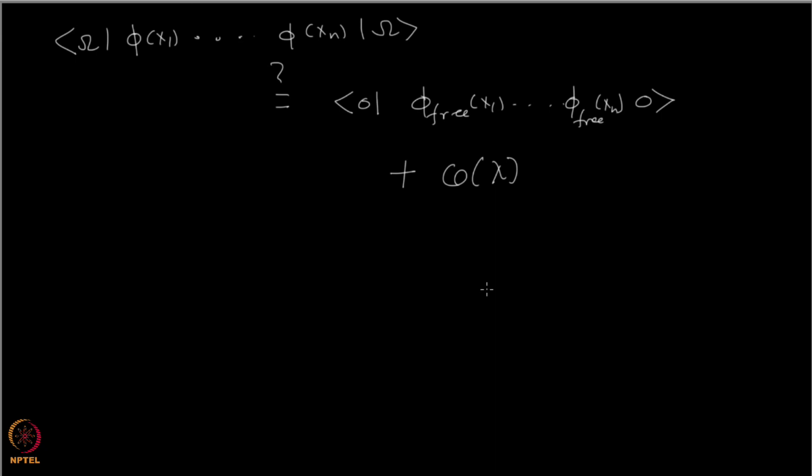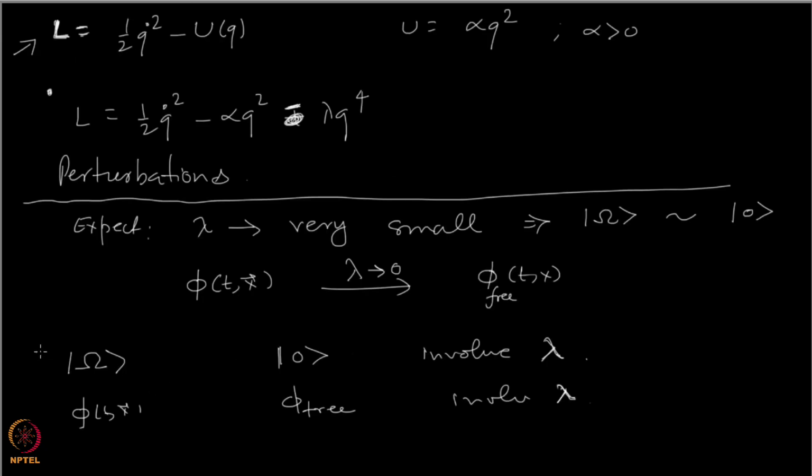So this will be our goal in the next video, to find relations of this kind. I think now we are clear what we are after, so we will do the computation explicitly in the next video.